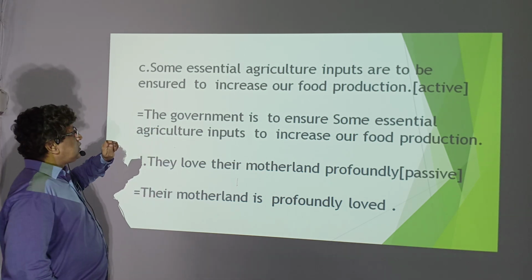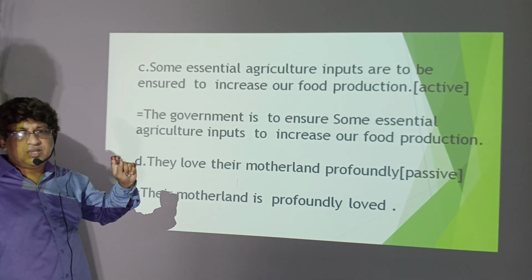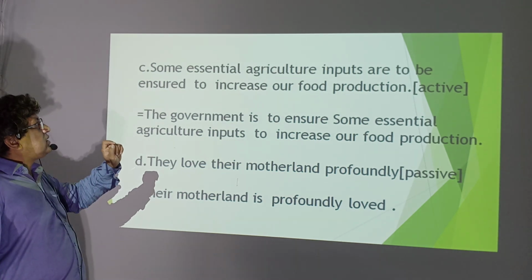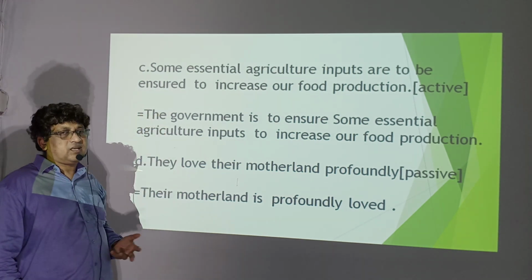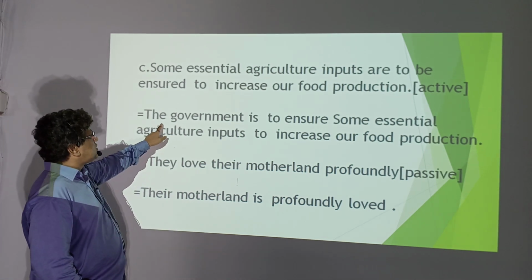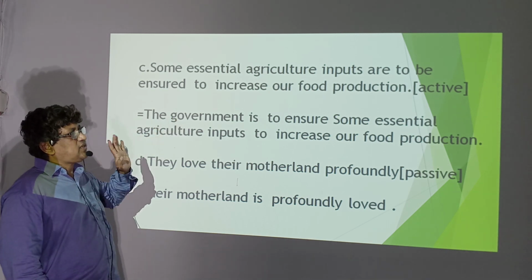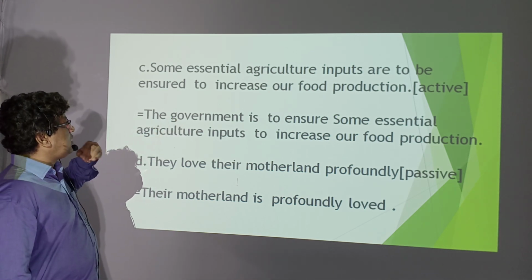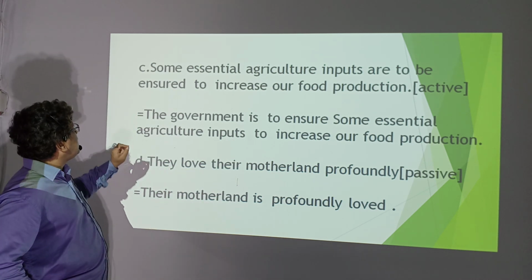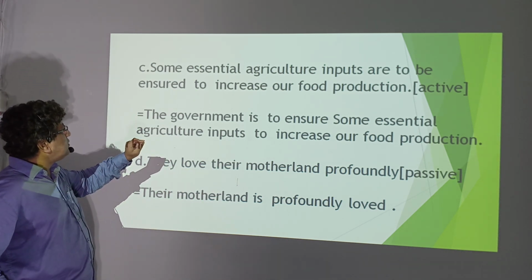So we have to use a suitable subject, and here as agriculture is a national interest, we will use a suitable subject. The government or the authority is to ensure some essential agricultural inputs.